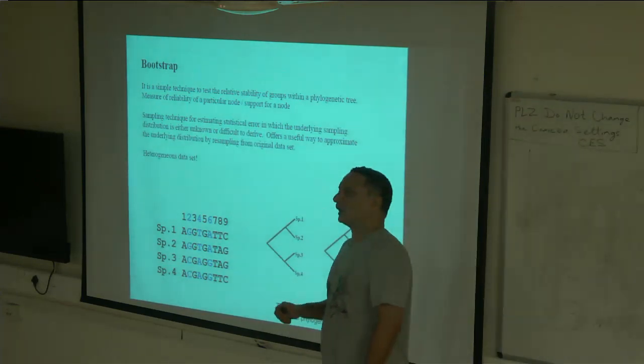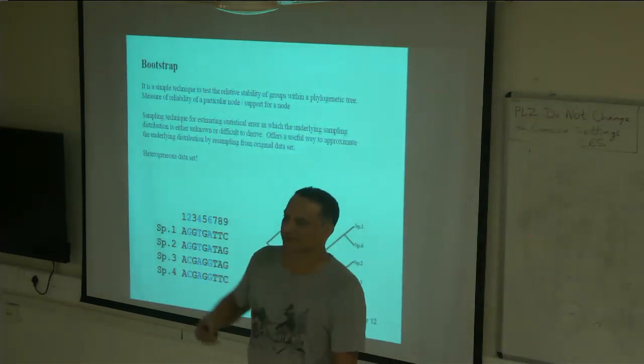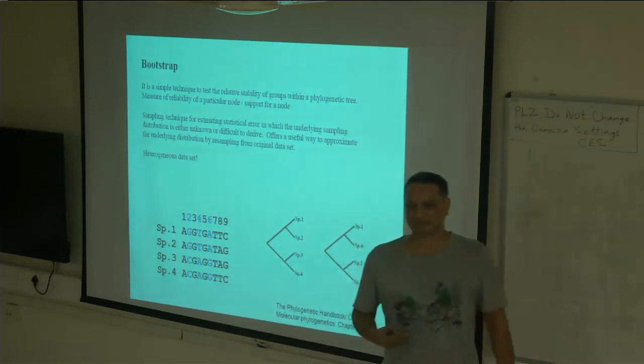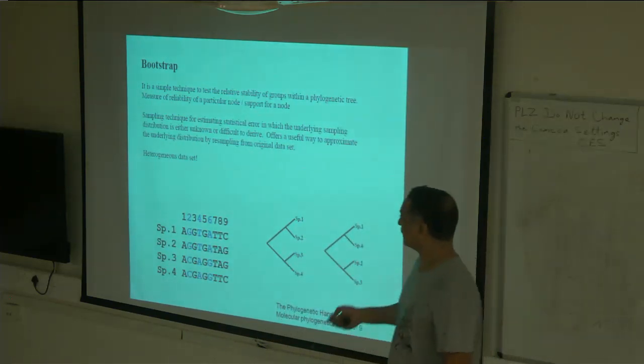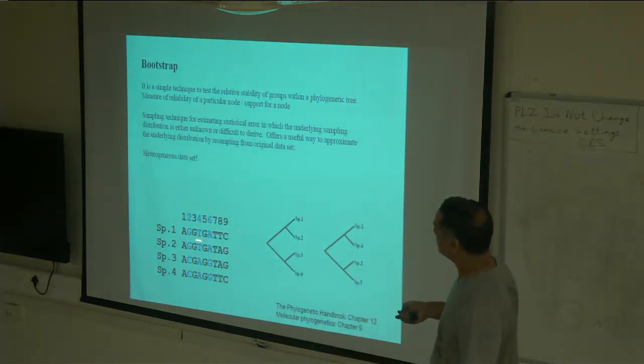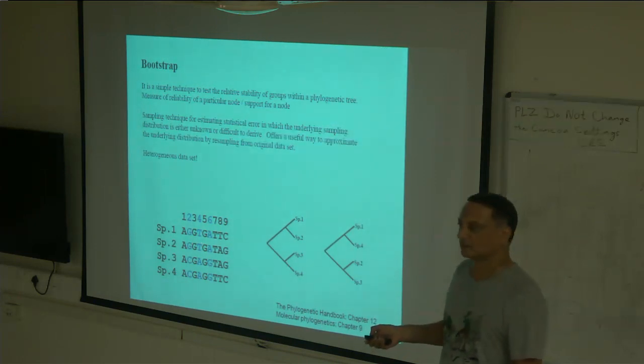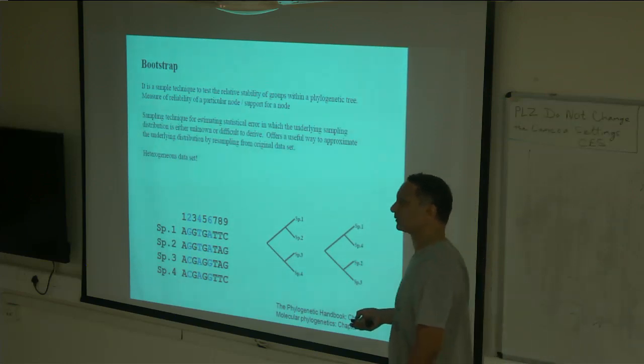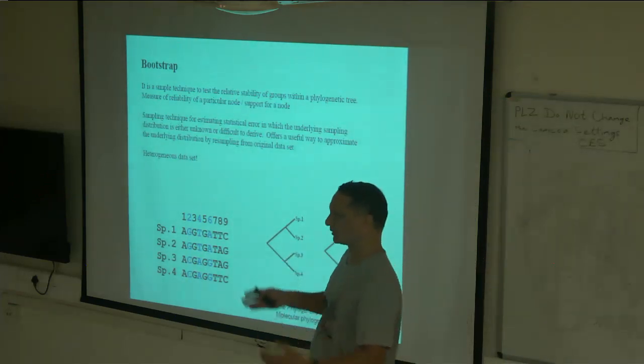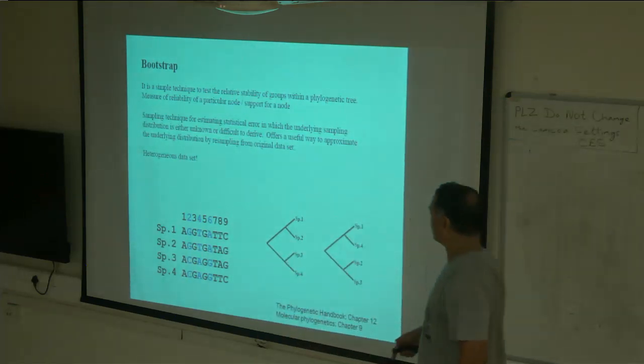Obviously, you can't go back into the field and resample. So instead, what you do is you resample from your existing data set with replacement. And you do that, say, 100 times or 1,000 times. I'll explain what that is.